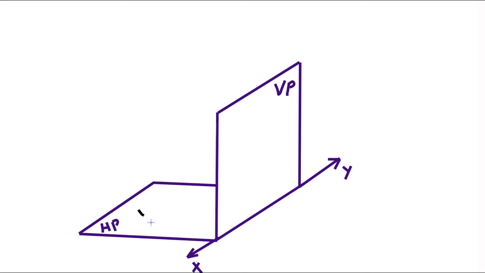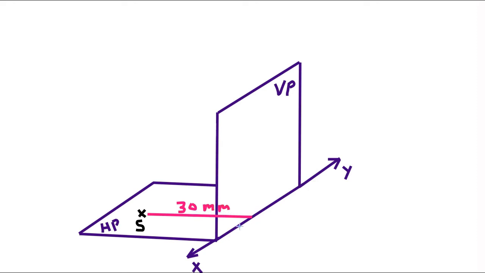So let's consider the position of point S is on HP, and this point S is 30 mm behind VP.